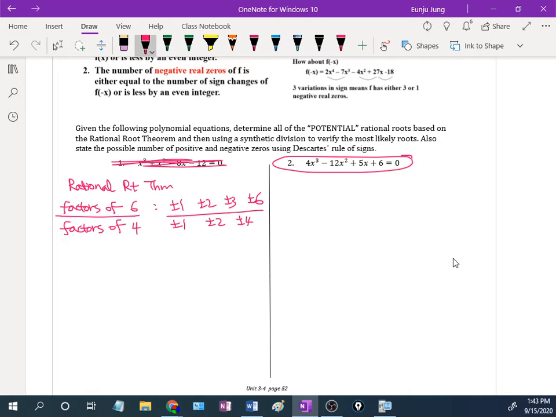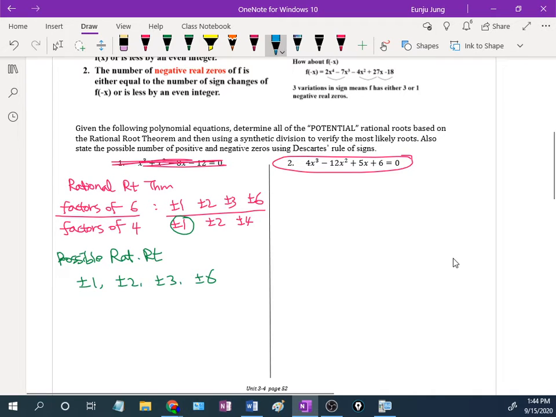Okay, so I'll do division. If I choose number 1, I'm going to have possible rational roots plus or minus 1, plus or minus 2, plus or minus 3, plus or minus 6, right? All four numbers divided by 1, and I get the same thing.